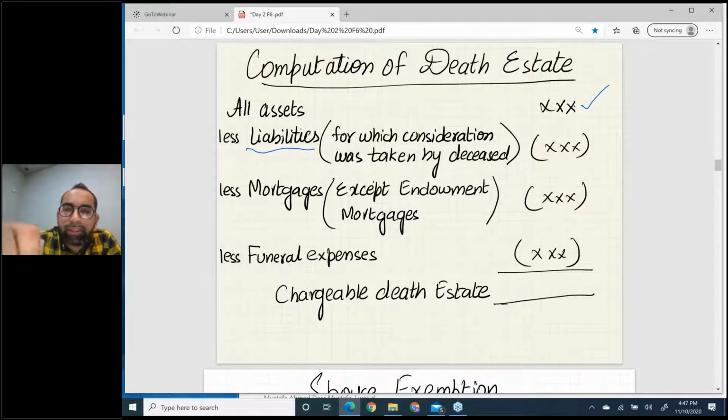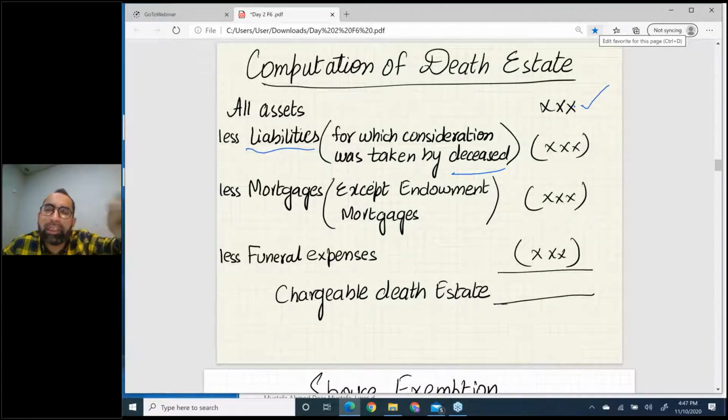Less liabilities, for which consideration was taken by the deceased. Now, only those liabilities are allowed for which the deceased got benefit in his life. For example, the deceased, 1 week or 2 weeks before the death, went for shopping, and he used the credit card.